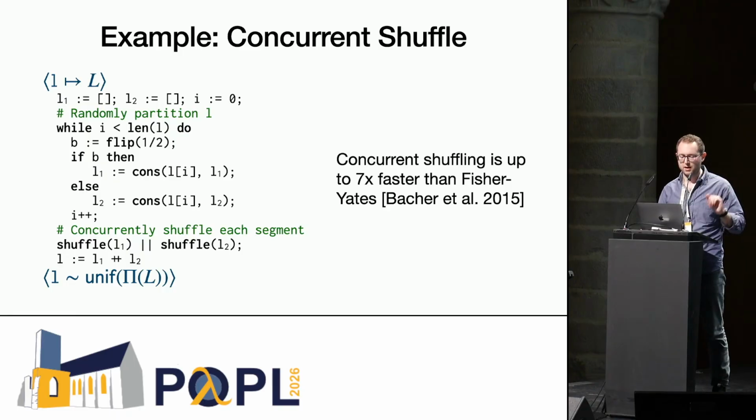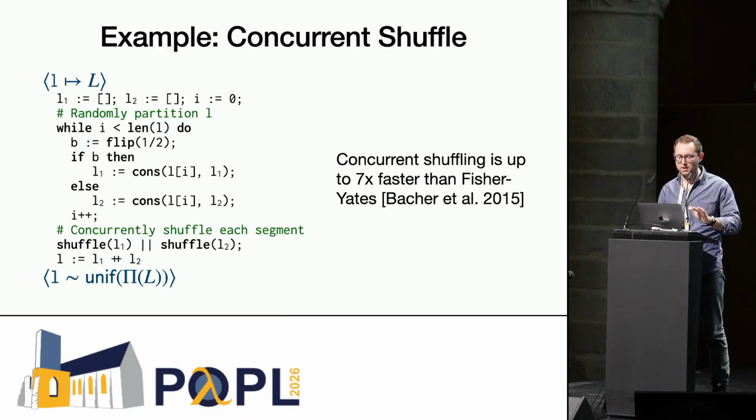So here we have an algorithm inspired by that, where we randomly partition a list into 2 segments. We shuffle each segment in parallel using Fisher-Yates, and then we concatenate the results. And we can show in our logic that the result is a uniform permutation of the original list.